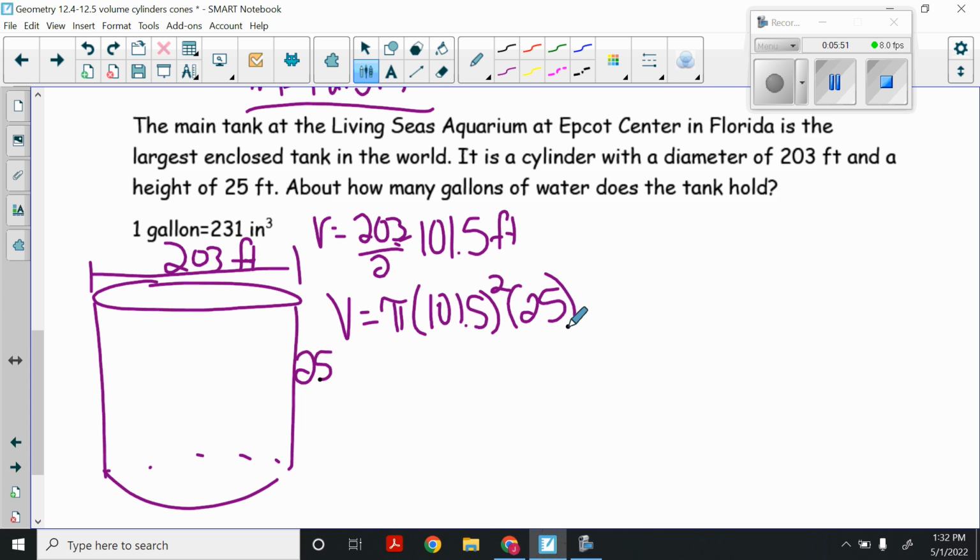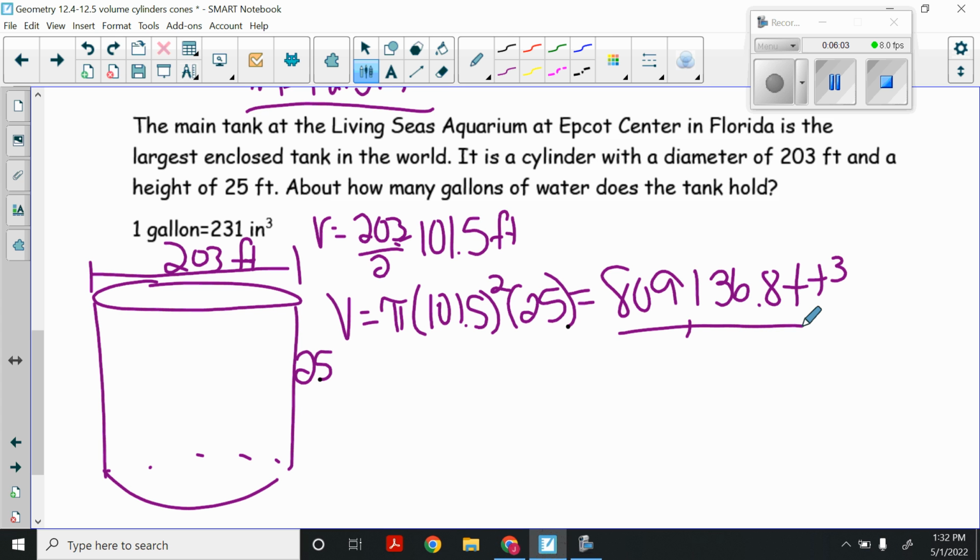I multiply all of that out, and I find that my volume is 809,136.8 cubic feet. And since I need to change that to cubic inches, I went ahead and multiplied through by pi. So there are 1,728 cubic inches in 1 cubic foot. And I get that because I know that there are 12 inches in a foot.